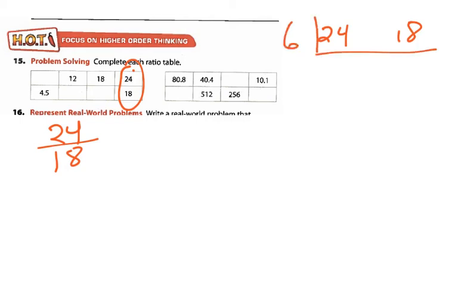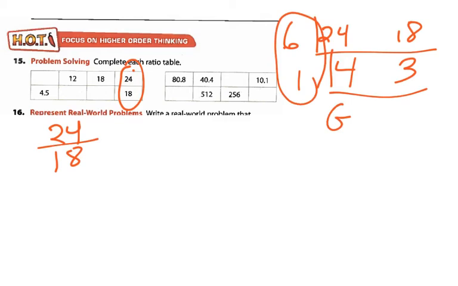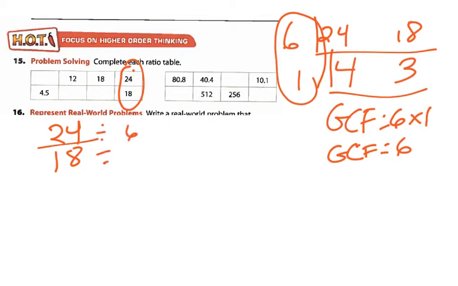Well, I know 6 will. 6 will go into 24 4 times. 6 will go into 18 3 times. Okay, I'm one and done. My greatest common factor is equal to 6 times 1. My greatest common factor is equal to 6. So I'm going to divide my numerator and my denominator by 6 over 6 to get 4/3.